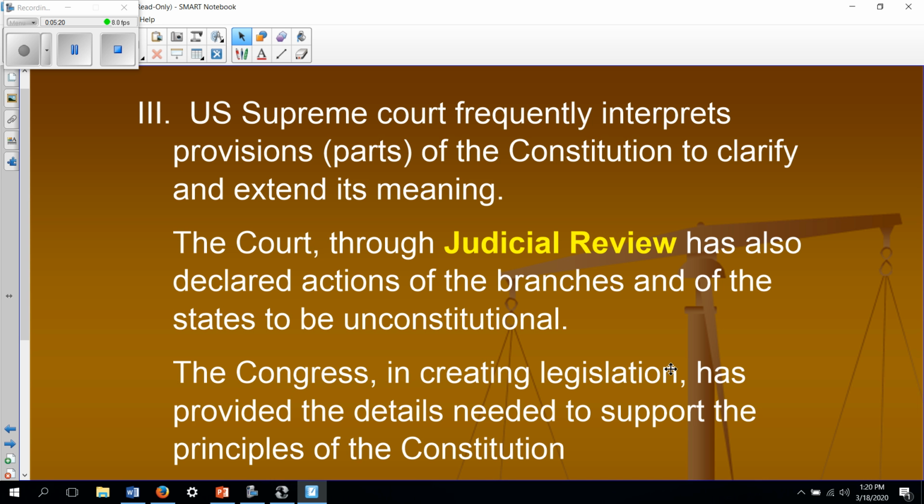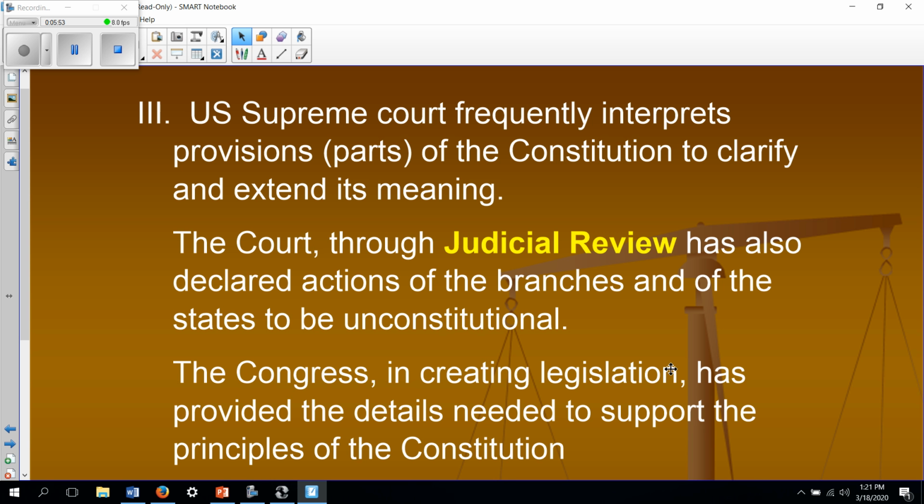The court, through judicial review, has also declared actions of branches and of states to be unconstitutional, meaning they look through, like the principal or the administration looking at the handbook: is it all correct? This is what the Supreme Court does. It looks at the laws and the amendments to make sure they are correct.